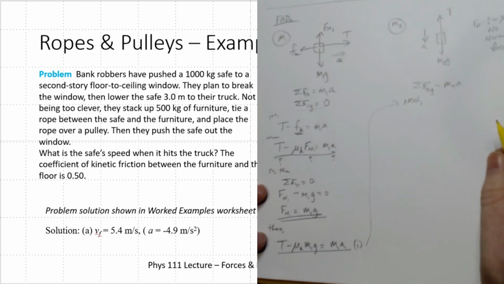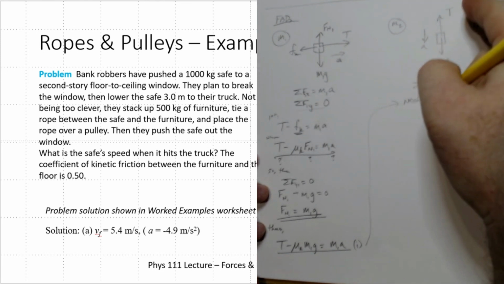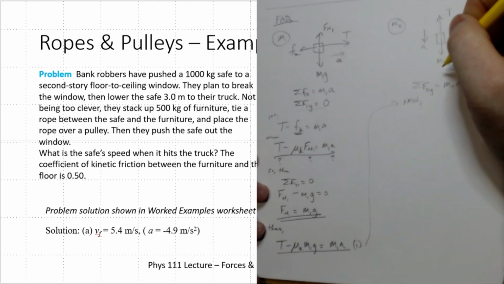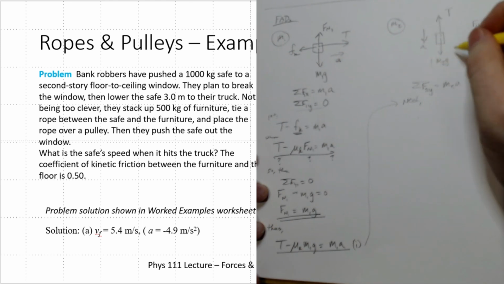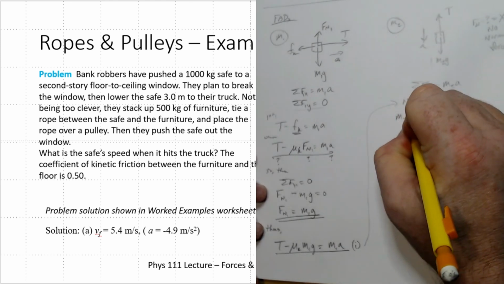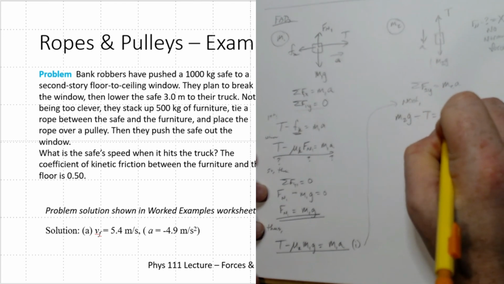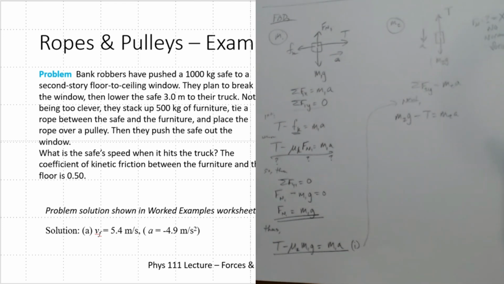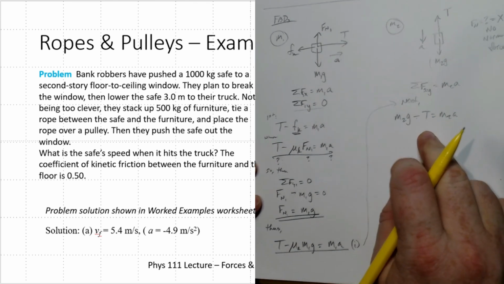Next, let's start solving this problem. Acceleration is going this way, so this is the dominating force. This is going to be m2g minus T equals m2a. We can solve this one in here.